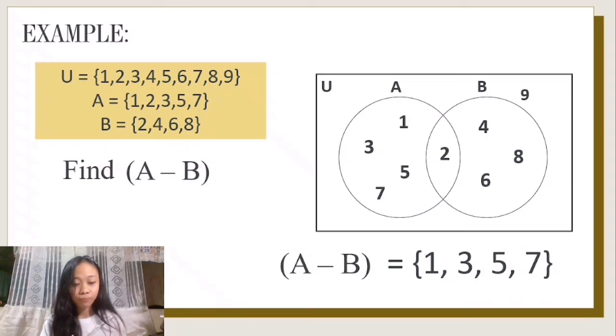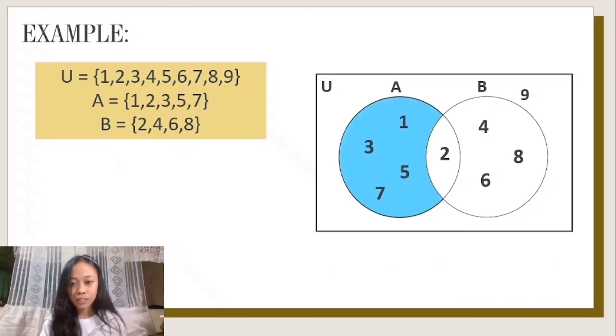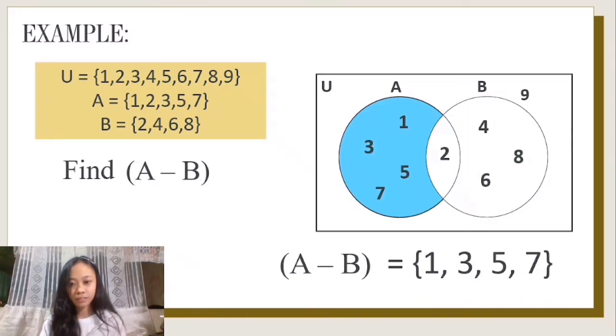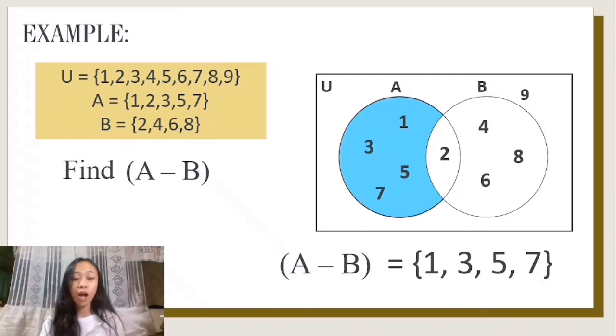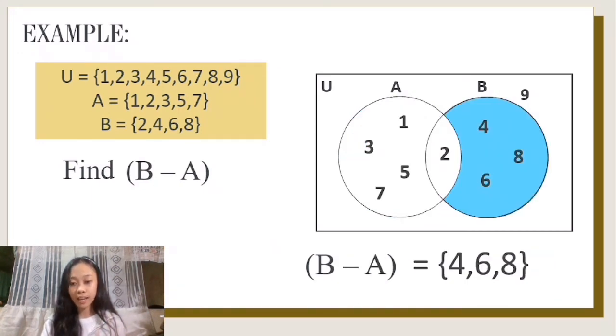So, naiintindihan po. So, the shaded part will be this one. So, same din siya. Same goes kung ang hanapin natin ay difference of set B and set A. So, ito naman yun. So, 4, 6, and 8.